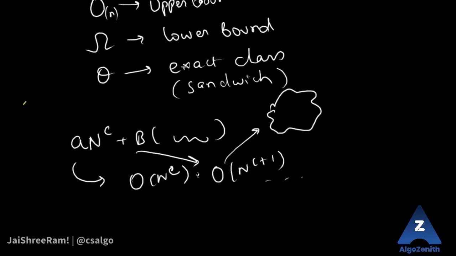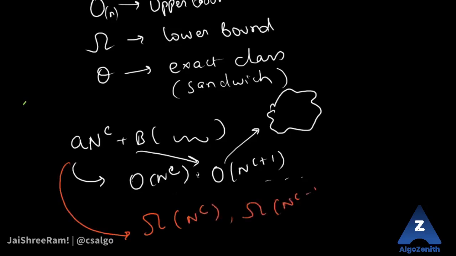Again, if you talk about omega, that's n to the power c, then n to the power c minus 1. No, sorry, it's not sandwiched. For omega you just need a lower bound, so omega of n^c is all functions greater than or equal to n^c by the highest order term.